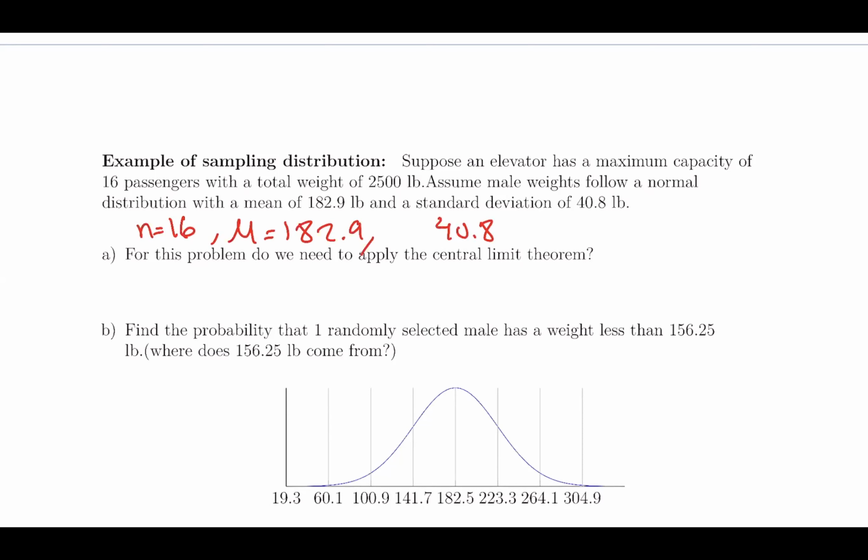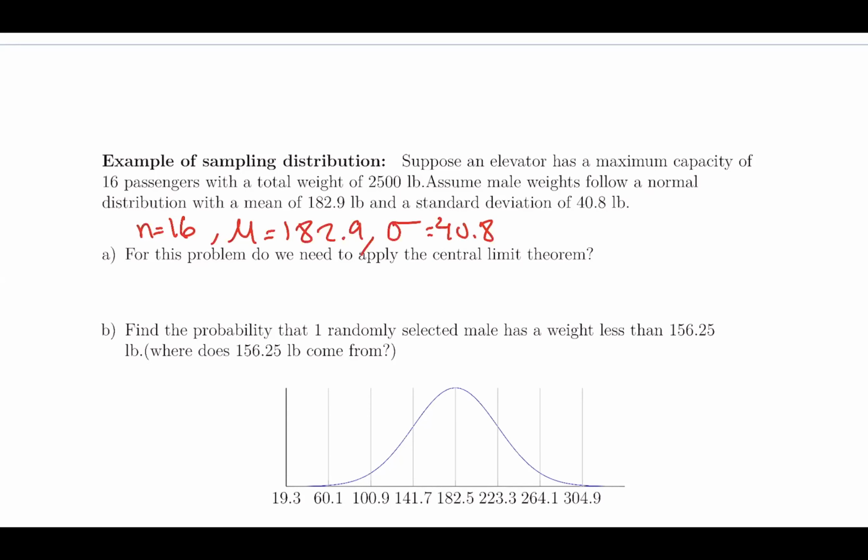Cool, so we're good with that. All right, so we got N is equal to 16, mu is equal to 182.9 pounds, sigma is equal to 40.8. The 2,500, pretty much we don't use that right now.